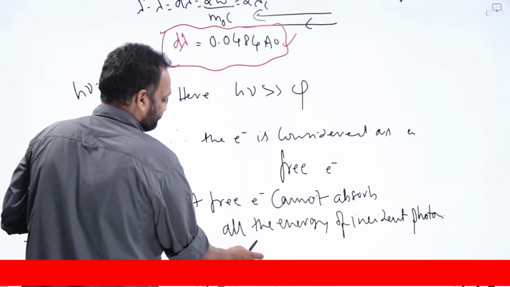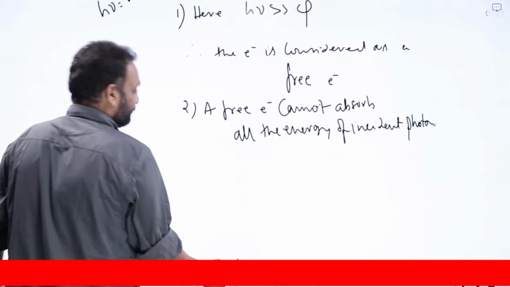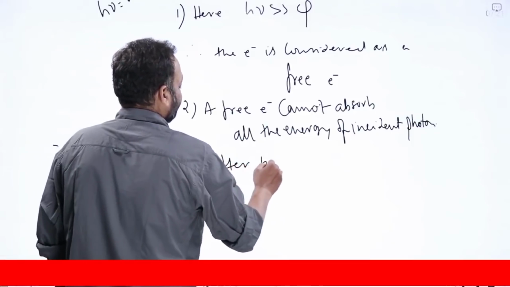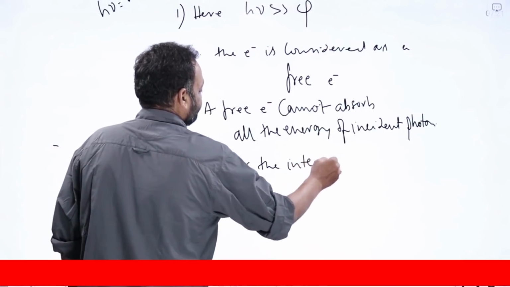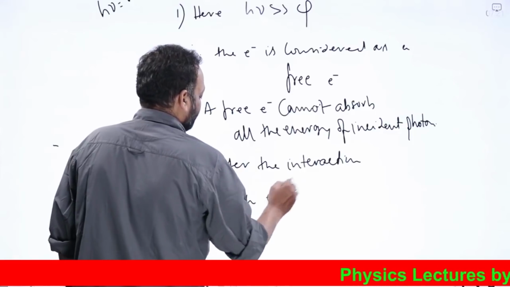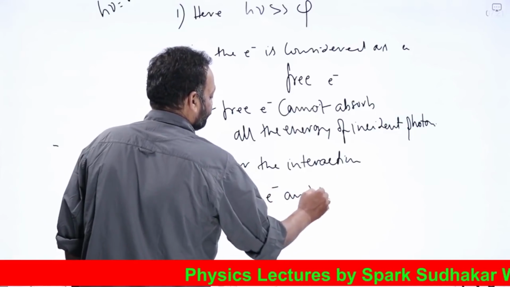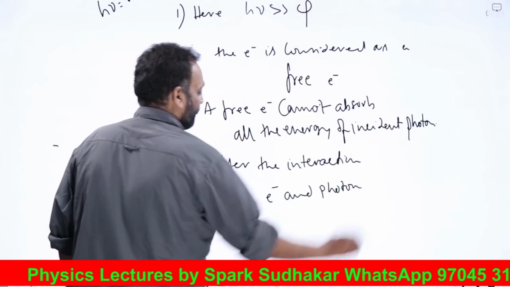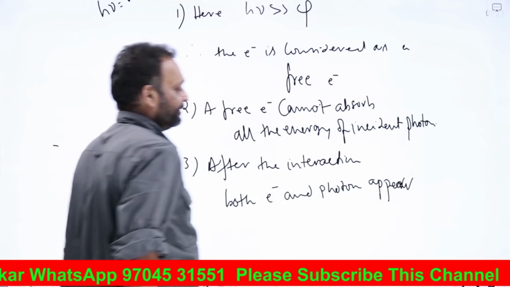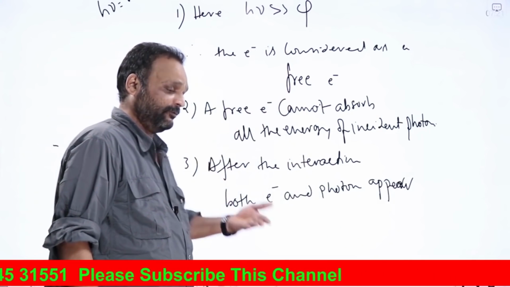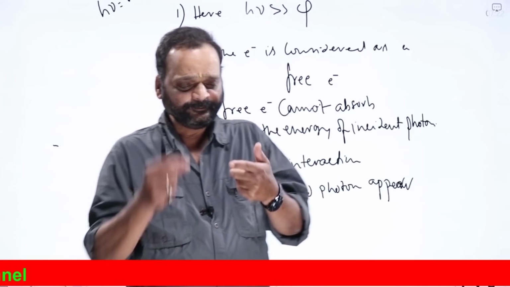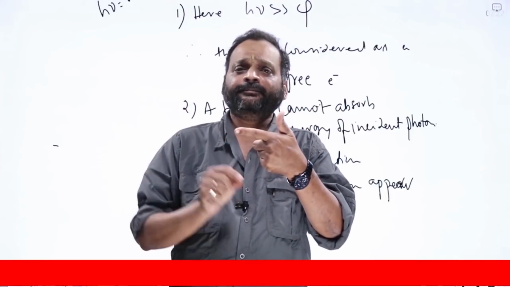Therefore, after the interaction, both the target electron and the incident photon appear, because our photon's energy is not taken by the electron completely. Our photon is still having some energy, so it also appears. So after the interaction in Compton effect, both electron and photon will be appearing.